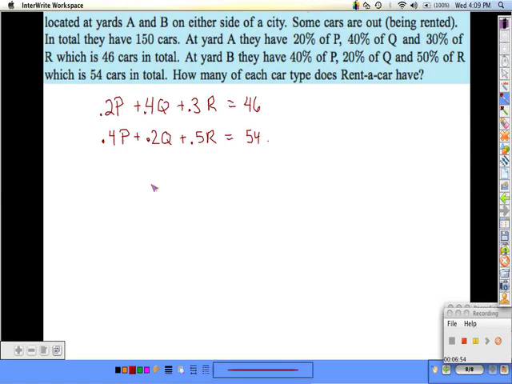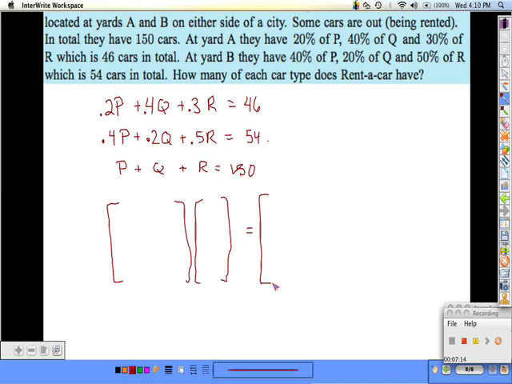We have three variables, we need three equations. We're also told that the total of P, Q, and R is 150. Now, using algebra, this can get kind of drawn out, solving a system of three variables, but using matrices, it can go pretty slick and smooth. I'm going to transfer the system to a matrix equation.